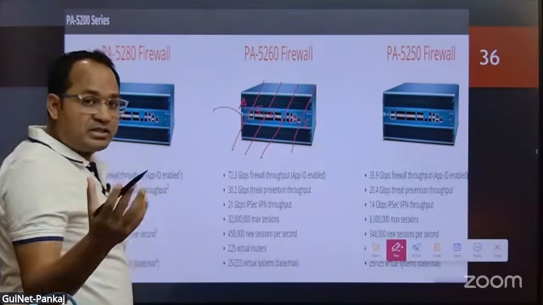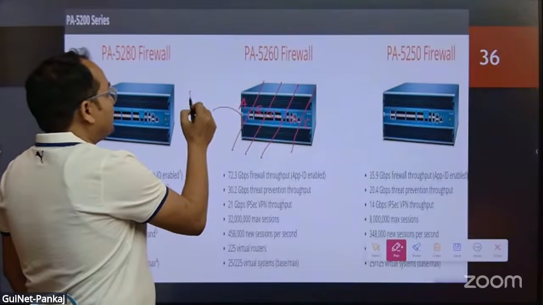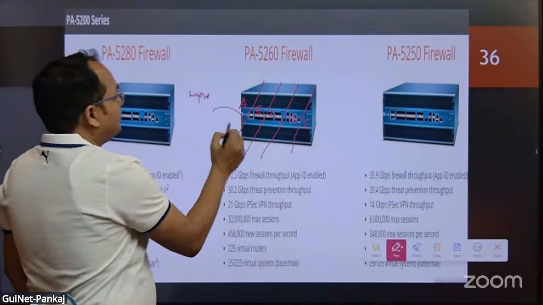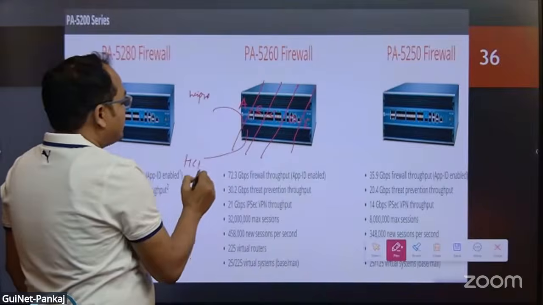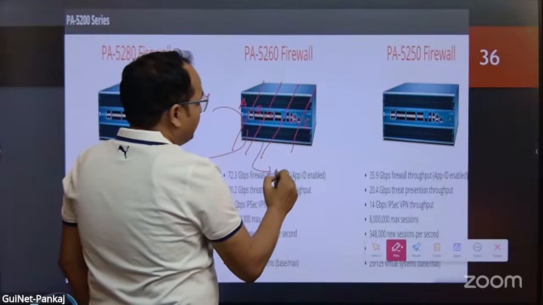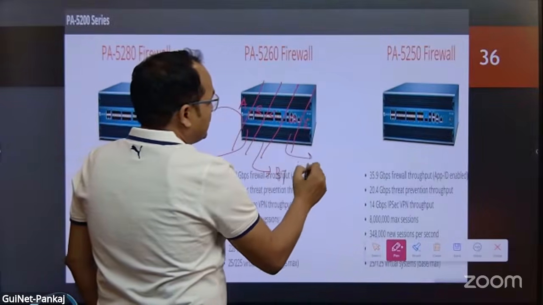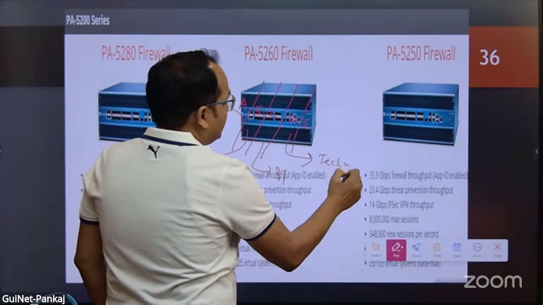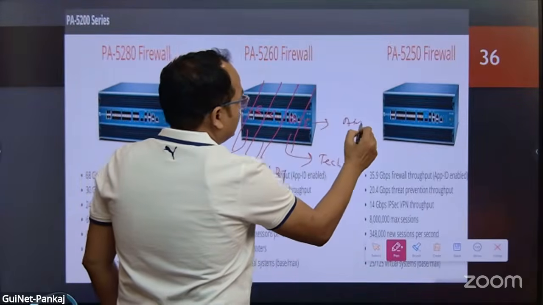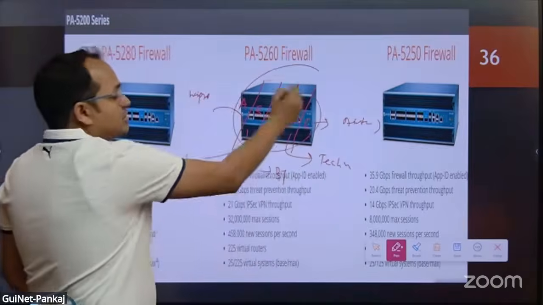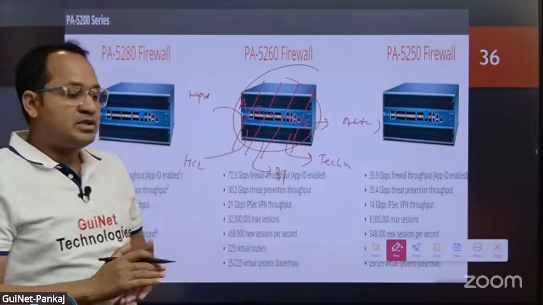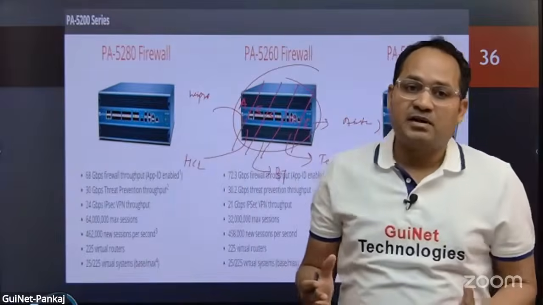The physical box is the same, but I assign this firewall to Wipro, just as an example, this I can assign to SCL as a customer, this to BT as a customer, this to TechM as a customer, and this to Airtel as a customer. But physically my firewall is one. So the VSys concept gives an idea of how to split my physical firewall into multiple firewalls.